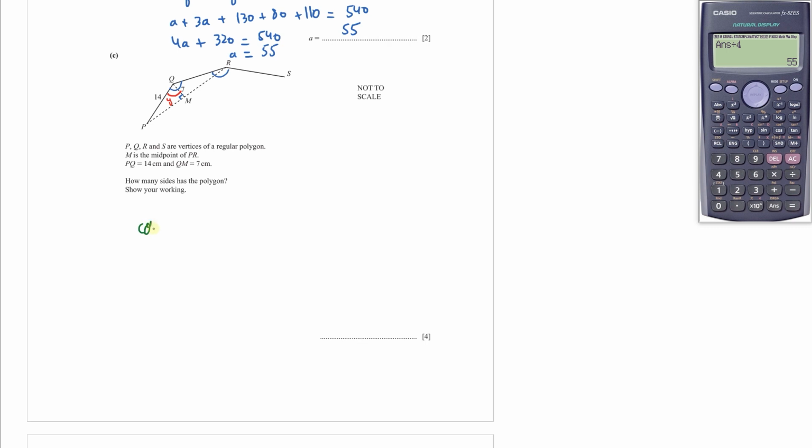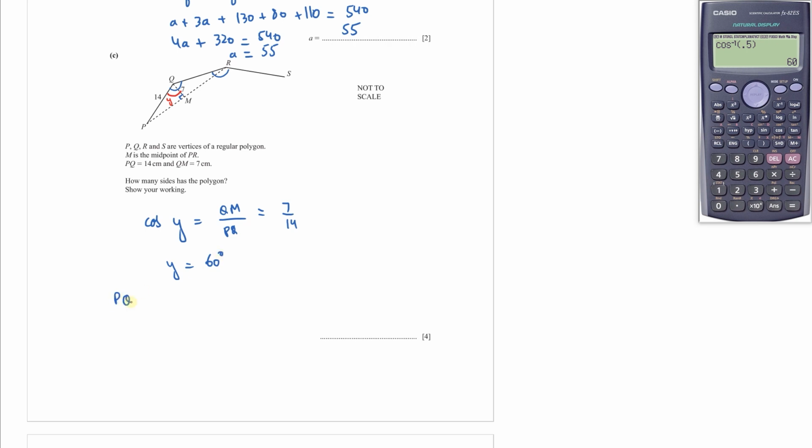So cos, let me write this in blue. Cos of Y will be the base over hypotenuse. So this will be QM over PQ, which is 7 over 14. So Y will be cos inverse of 0.5. So this is 60 degrees.